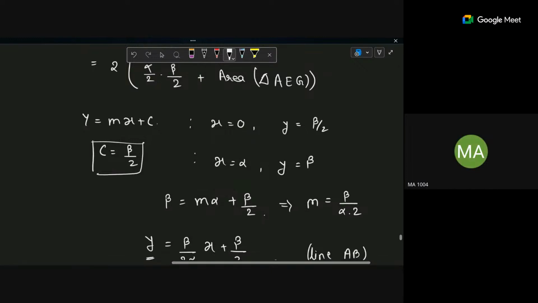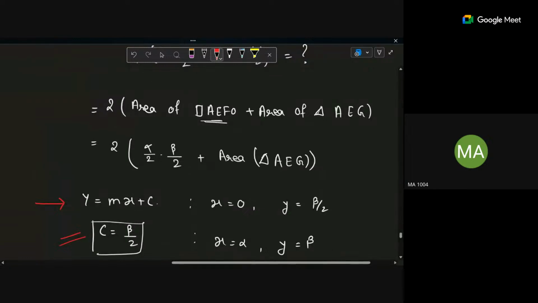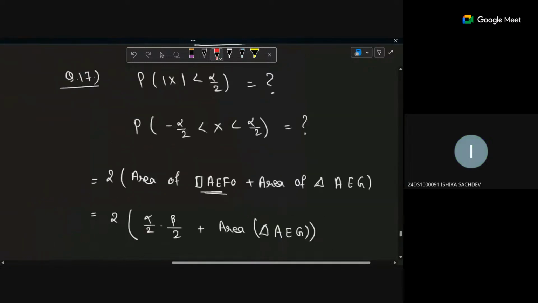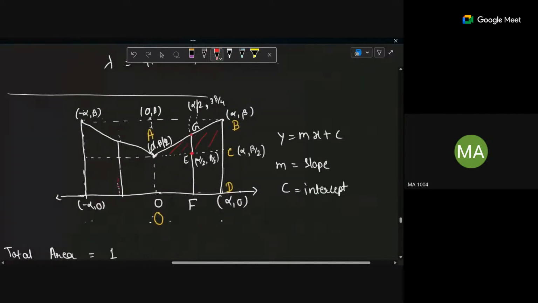First, the area of rectangle AEFO. Base into height. The length of AO was given to you, that was beta by 2. From there I got this beta by 2, and alpha by 2 is the length of OF.